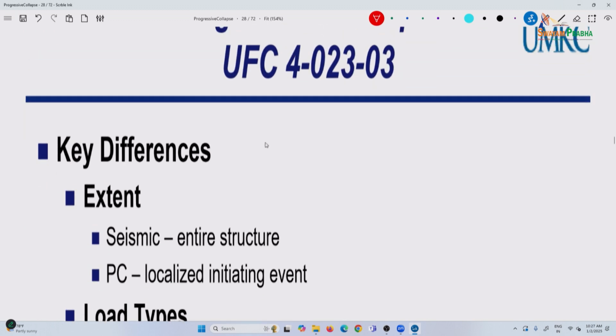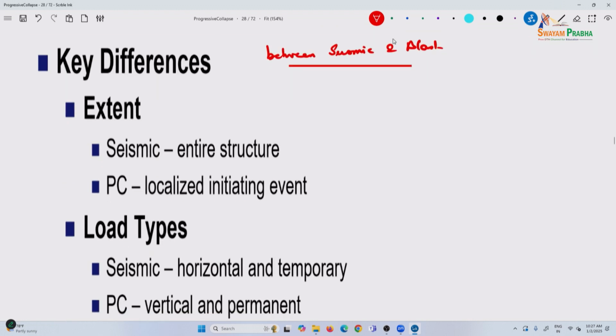Now the main differences between blast and seismic. Seismic works by the entire structure experiencing the seismic event, although of course it does start with localized damage.